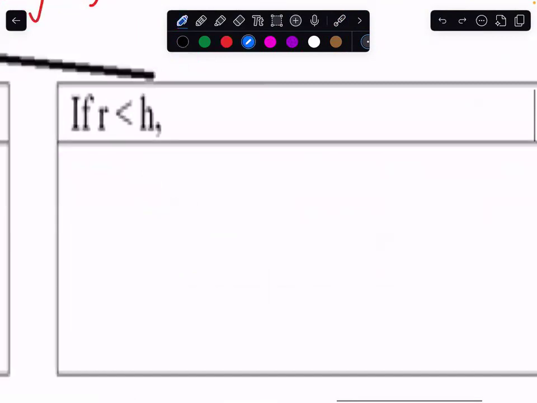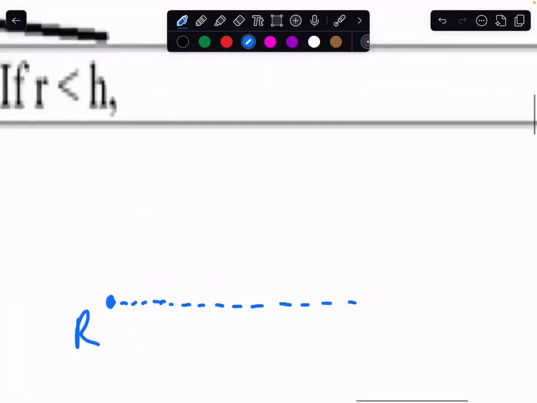Let's again draw. We start with angle R again. We again don't know exactly how far the bottom side will go, but we do know that it's somewhere along this path. We're given side length S, so we don't get to choose that. And we don't get to choose the height either.